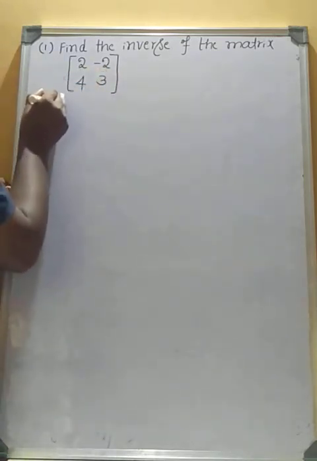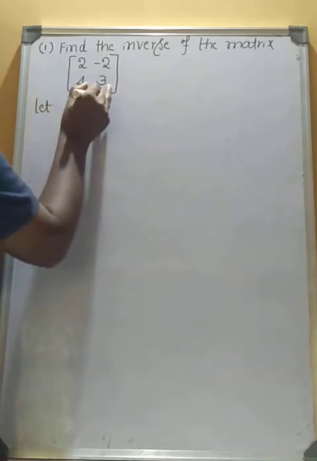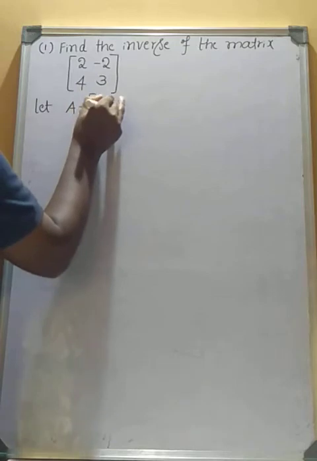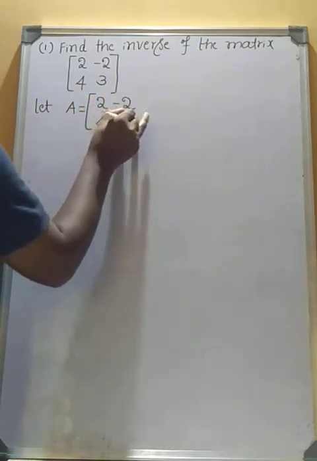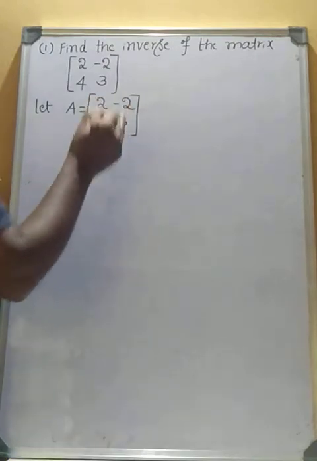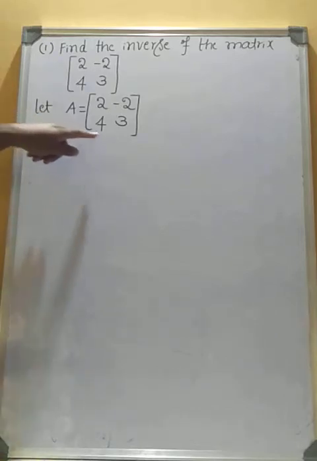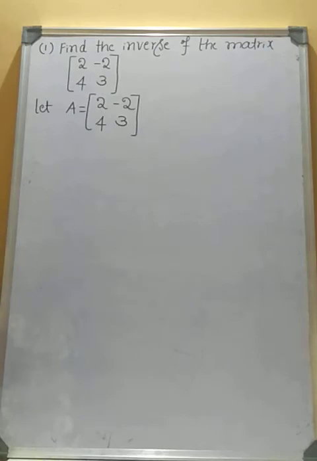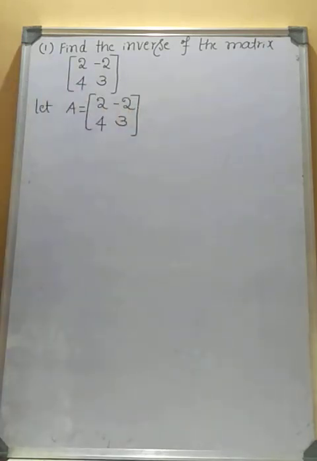So let matrix A equal 2, minus 2, 4, 3. In the last class we discussed adjoint A. Matrix A is given, then find the adjoint A. Now A is the 2, minus 2, 4, 3 matrix.